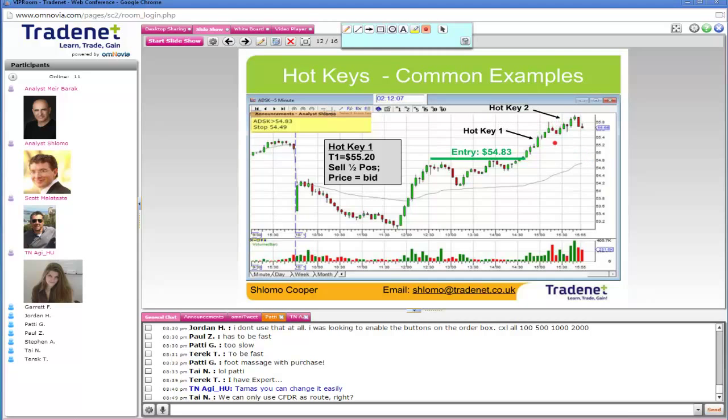So the stock, you took your partial, now you are left with the last 250 shares. The stock continues to climb higher, a little bit of sideways movement, and then it's pushing higher. Now you are ready to take your second partial. All you need to do is hit the pre-designed key, and it will sell another half of the position. Price equals bid.